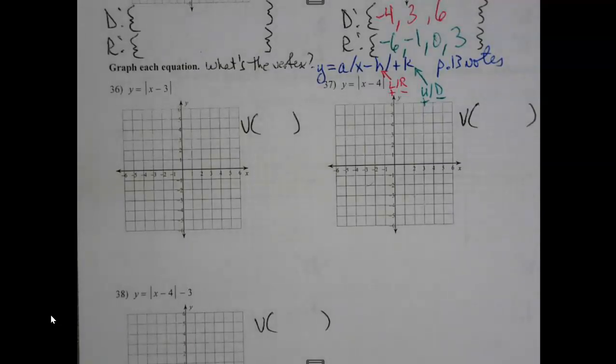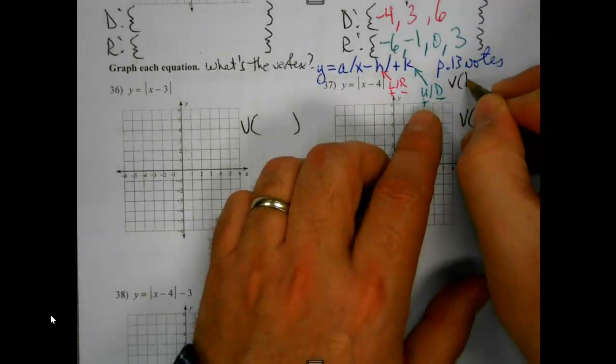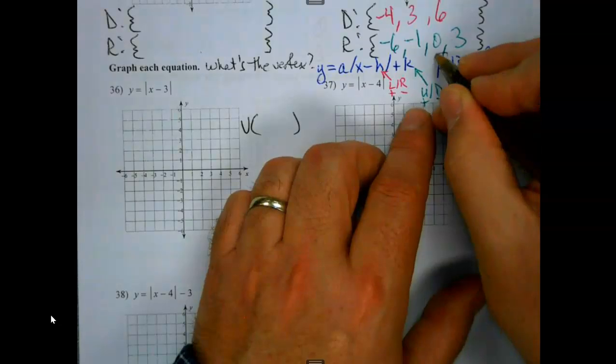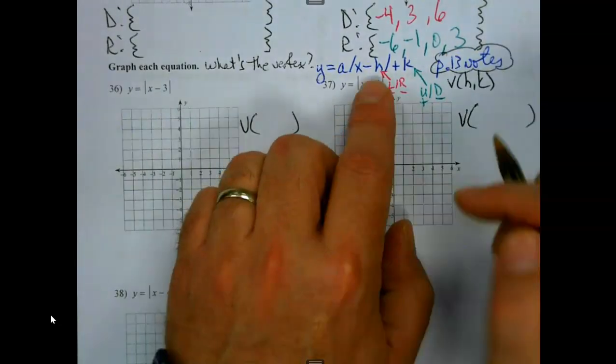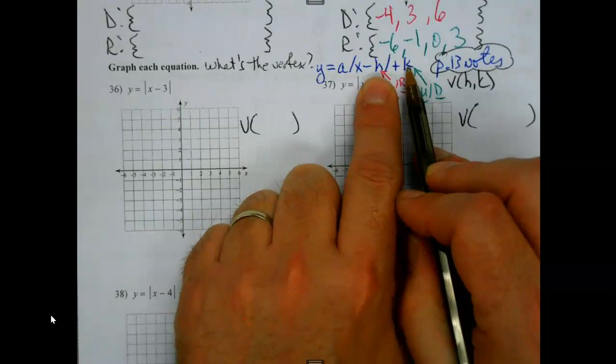And so when I'm looking for my vertex, okay, my vertex is the center of my graph. How do I find the center of my graph? The center of my graph is this h and k value. So let's say we're doing number 36.